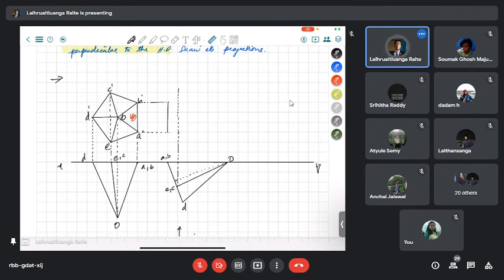So when we look from front, this part is going to be visible, right? So the whole base is going to be visible.